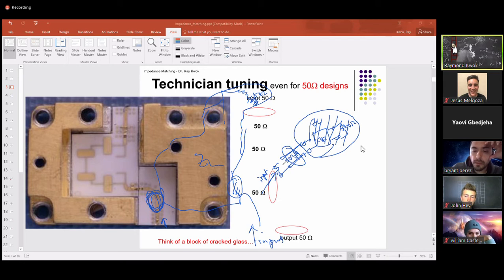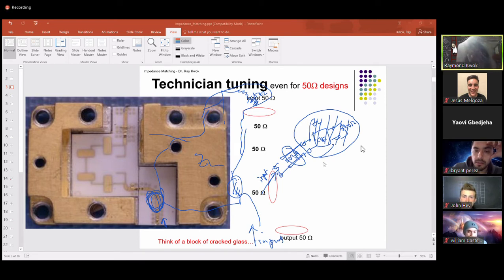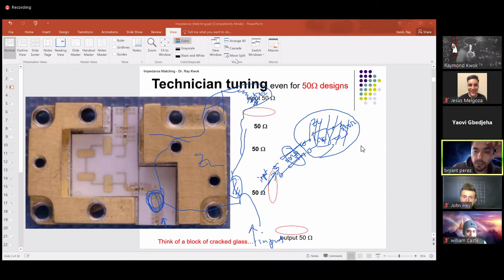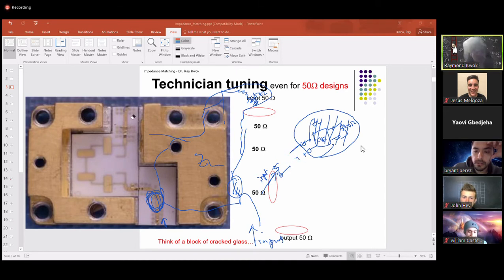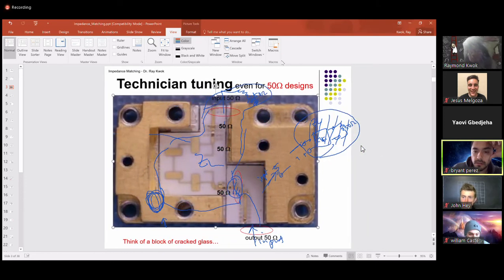But where's the L in that picture? Which side of that tiny circle is the L? What tiny circle? Where you circled the 50 ohms there on the transmission line. You put a capacitor somewhere on that transmission line. What side of that capacitor is the L?